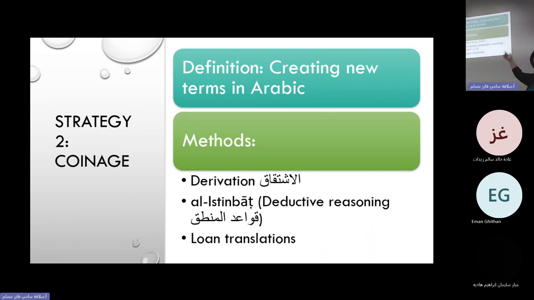Derivation, in Arabic, which is the rules of logic, okay? Deductive reasoning, you deduct what this word means, so you make a new term according to your deduction, okay? And another one, which is also called loan translation in coinage, okay?